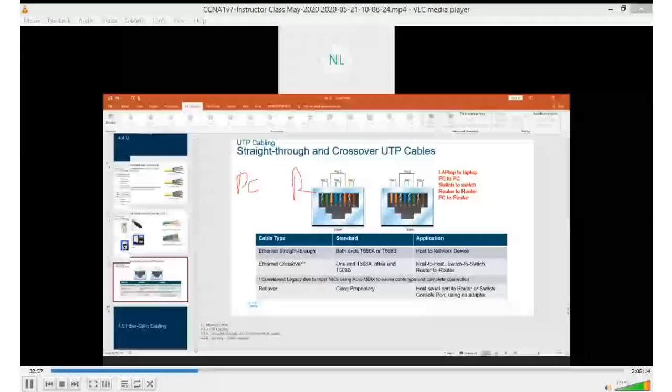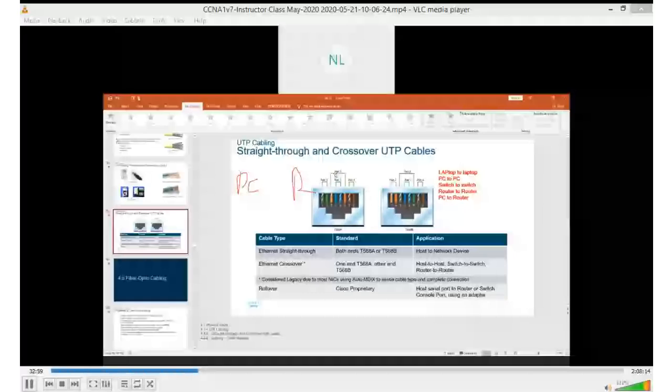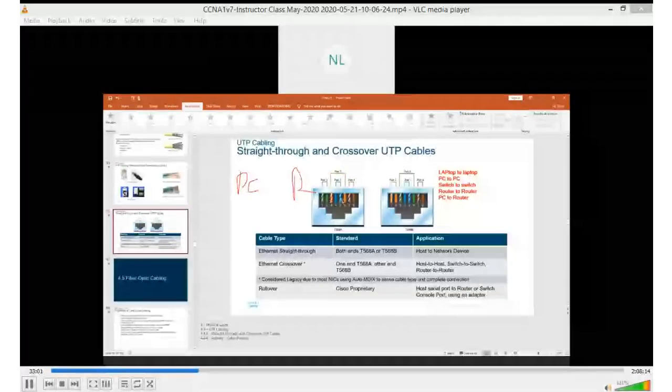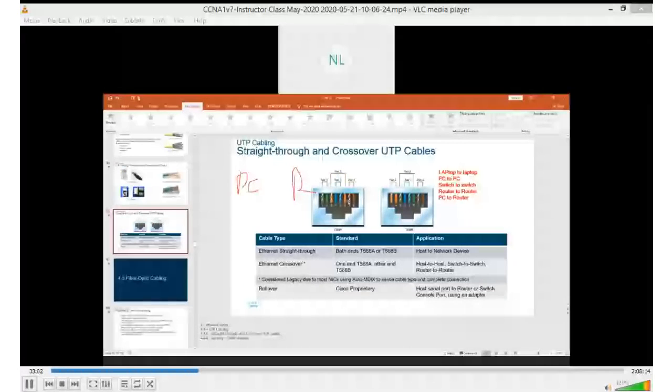So please just remember, when you terminate one end of the cable as standard A in this format, and the other end as standard B, it means that you're creating a crossover cable. But when they are AA or BB, you have created a straight-through cable, and you have seen the reason why, depending on what you are trying to connect.